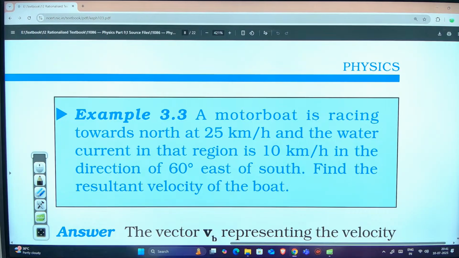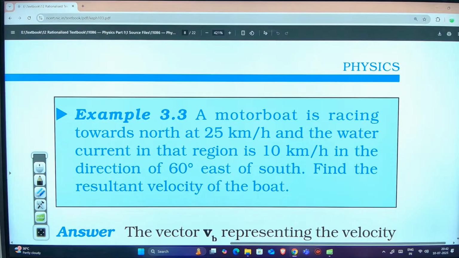What is the problem? East of south. East of south, so from south you should go towards east. Got the answer? Yes, sir. Lovita Shri, please tell me. Sir, should it be converted to meter per second?